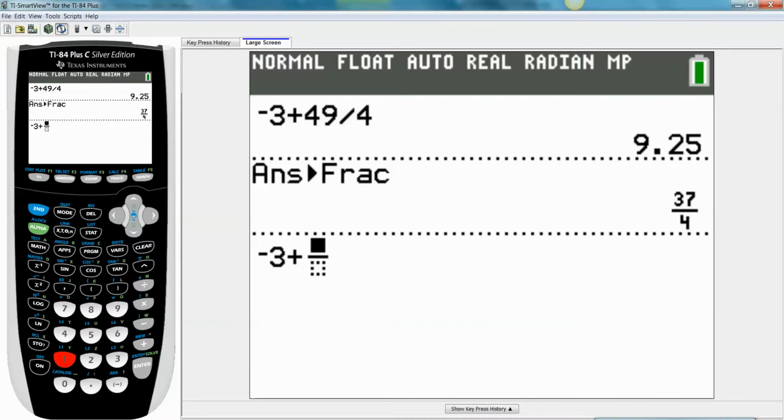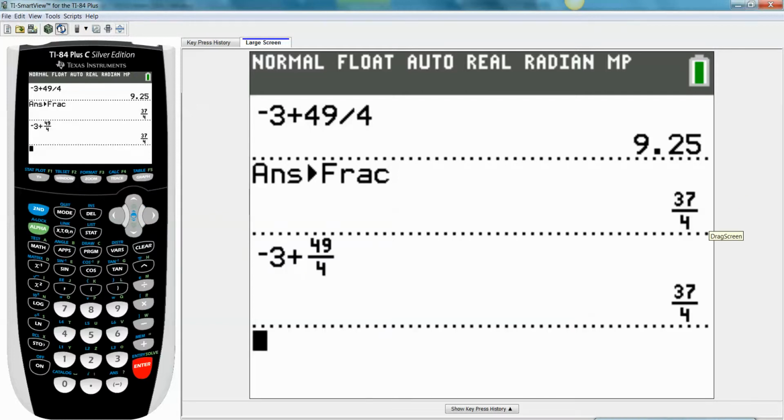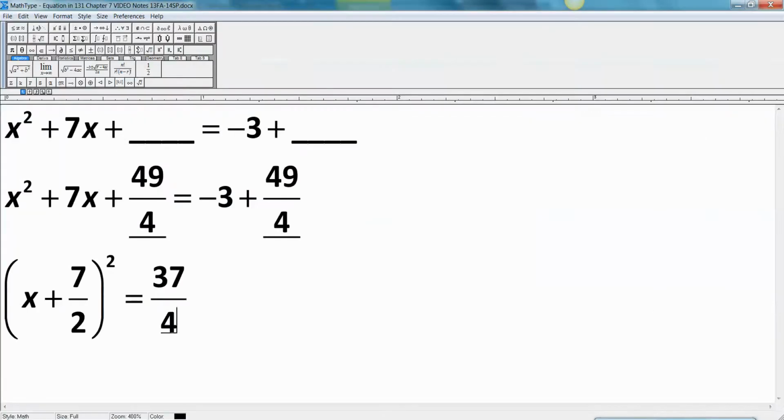And you could say 49 over 4. I'm using my arrow keys to get around there. Enter. And it'll automatically give you 37 over 4. That's the alpha F1 key. See the green part, F1? You could also get that with the math menu. So either way, you get 37 over 4 if you didn't feel like doing that in your head like I just did.